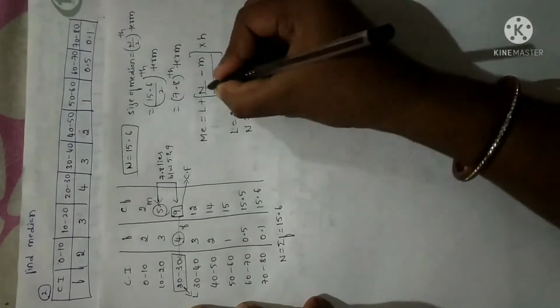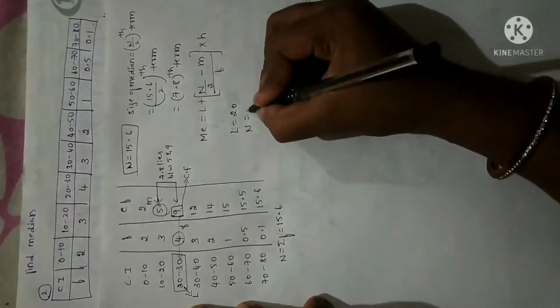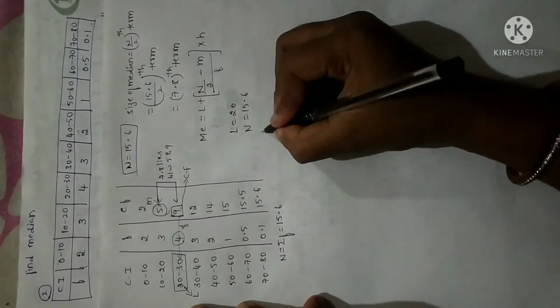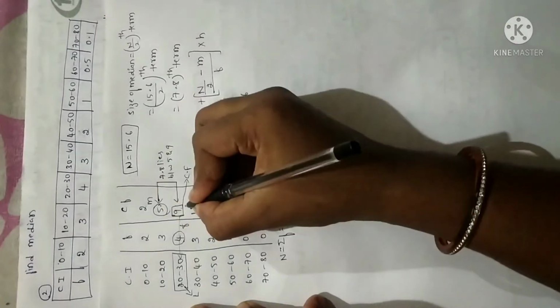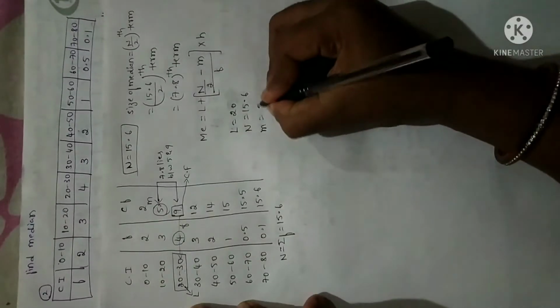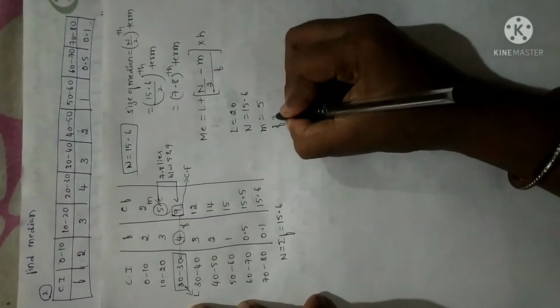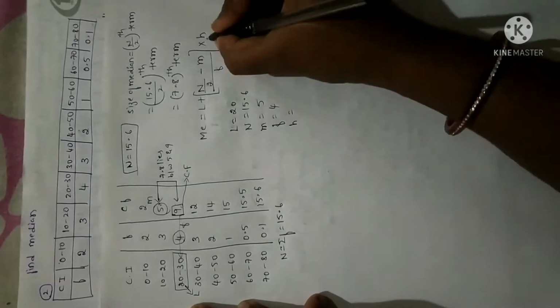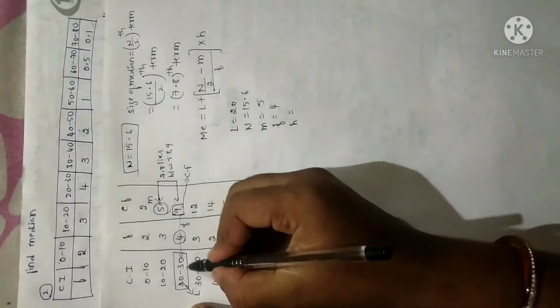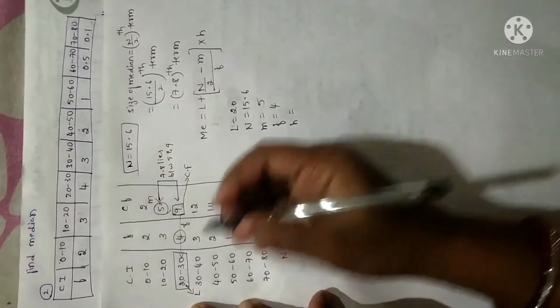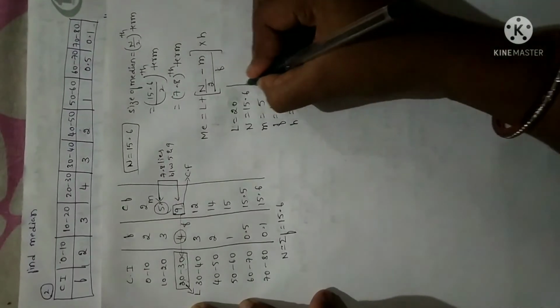N is already calculated, the sum of frequencies, it is 15.6. The M value is the preceding cumulative frequency, that is 5, and the F value is the corresponding frequency, that is 4. Now H is none other than the class width, in the sense, the difference between 30 minus 20. It is 10. So the H value is 10.